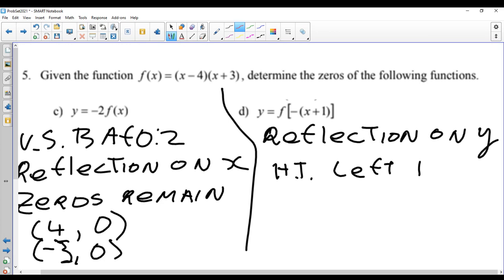All right, I'll take a volunteer on this. Who thinks they can tell me what happens to the zeros that used to be at 4 and minus 3? Where are they going to go after this reflection in the y and an HT to the left by 1 that we just got from those two people? Atifa? Negative.